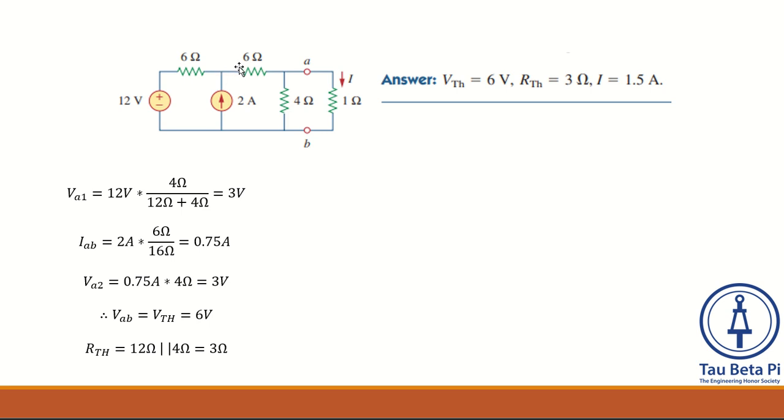So it looks like 4 ohms parallel to 12 ohms, and we get an R Thevenin of 3 ohms. So now we can draw the simplified version of our circuit with the 6 volt V Thevenin in series with the 3 ohm R Thevenin, and it's open to our load, whatever we choose to attach.